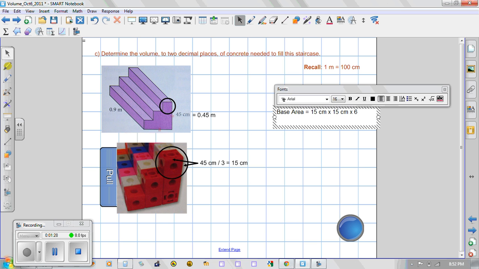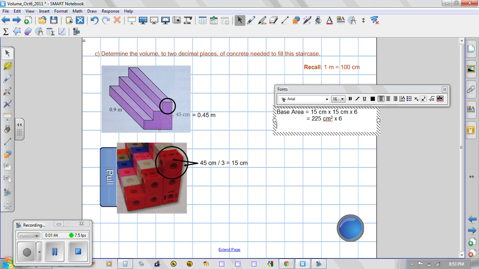Okay, this is going to produce an area of 225, that's 15 times 15 centimeters squared, for each single square.